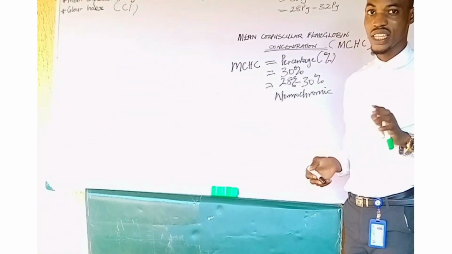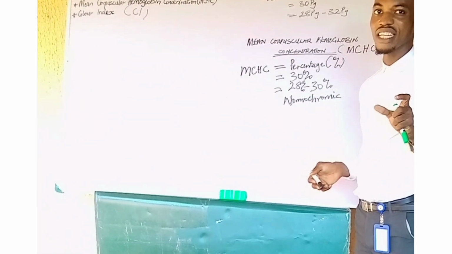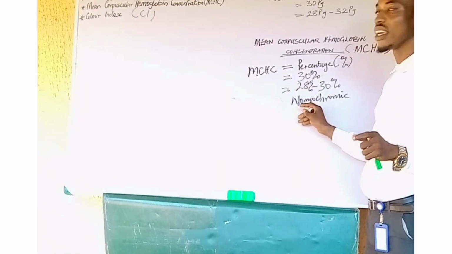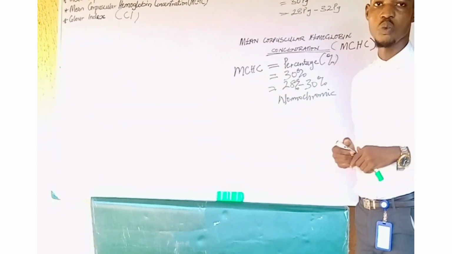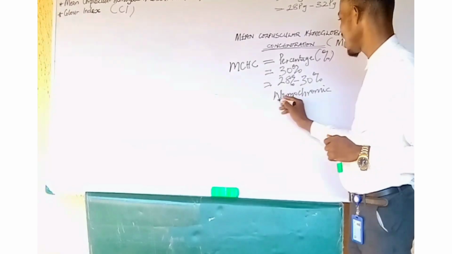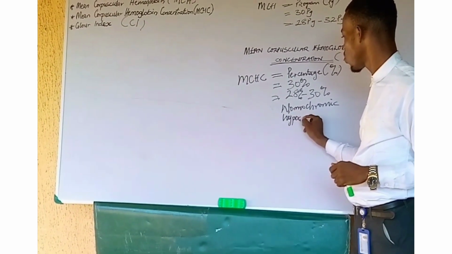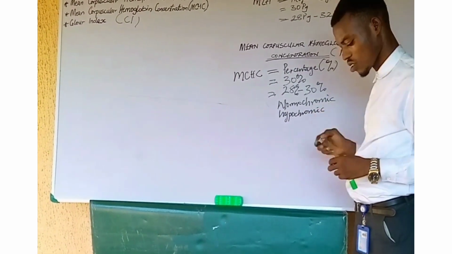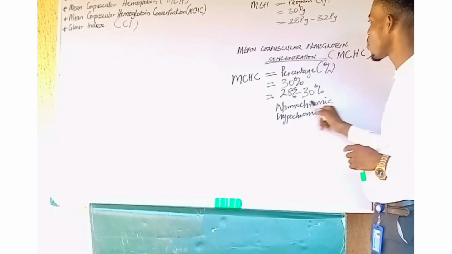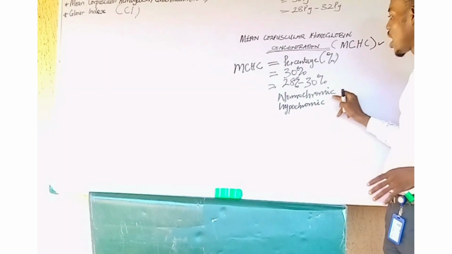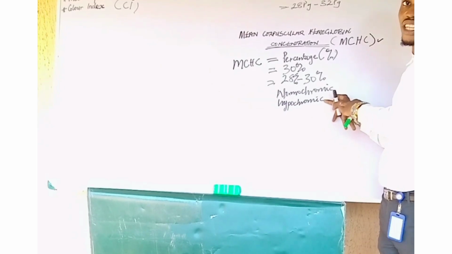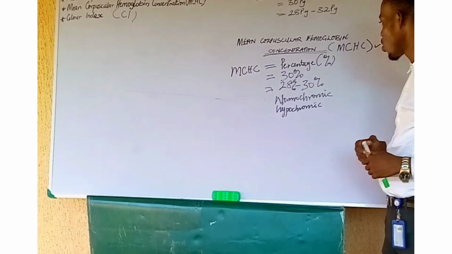But when there is a decrease in the mean corpuscular hemoglobin concentration, we say that the red blood cell is hypochromic. Normochromic when the MCHC is normal in a single red blood cell, and hypochromic when it decreases in a single red blood cell.